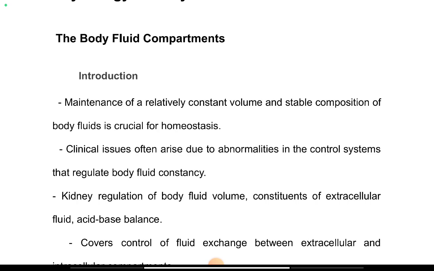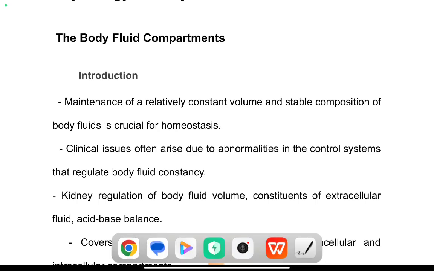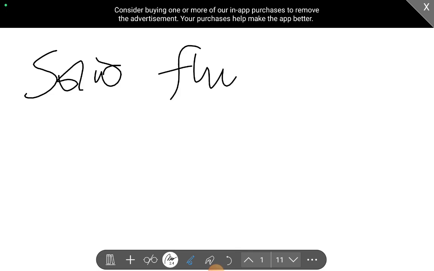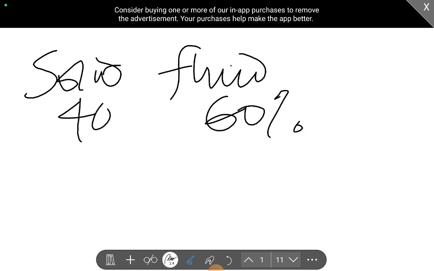So let's go to our whiteboard and see what we can do in terms of illustrations, clarifications, and explanation. Now, the human body has the solid or non-fluid part, and the fluid part. Essentially, the fluid constitutes about 60%, while the non-fluid part constitutes about 40%.